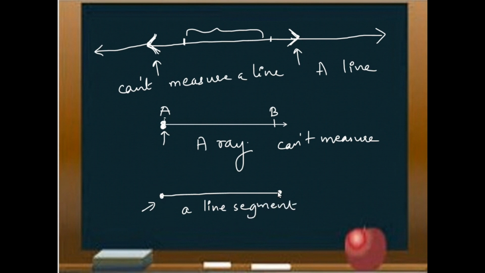Because it has ending points on both the sides, it is not going to extend anywhere, and so we can measure this line segment. Understood the difference between line, ray and line segment? Now we'll move ahead to focus on our angles.